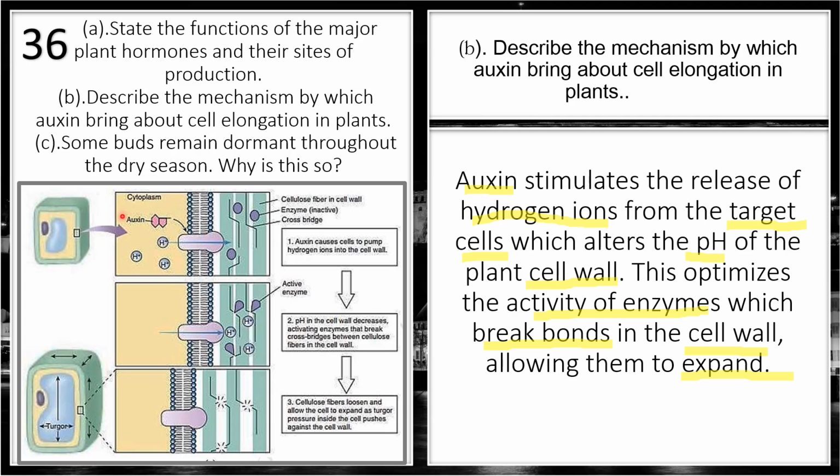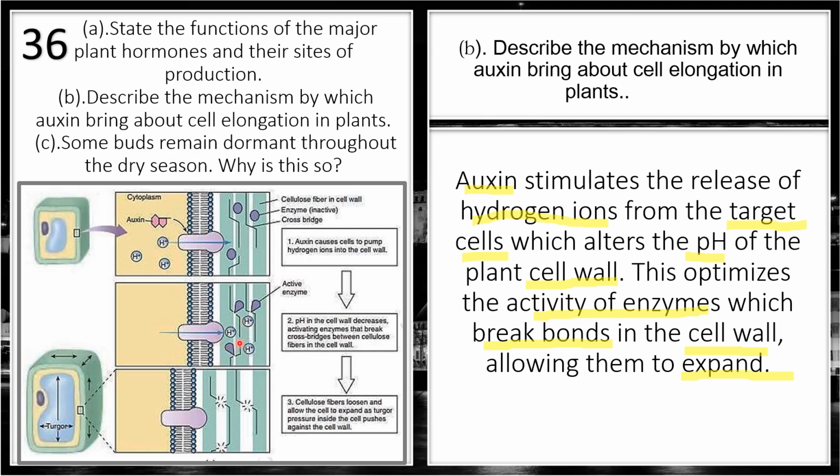So if we look roughly here, in the cytoplasm, that's where we have the auxins, and these are going to stimulate the release of hydrogen ions in this target cell, and these will enter into the cell wall. When they enter the cell wall, they are going to alter the pH of the cell wall.